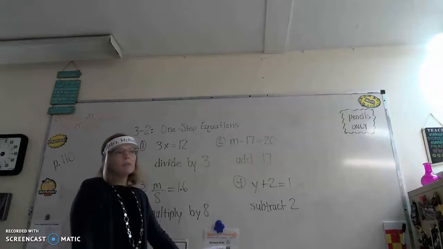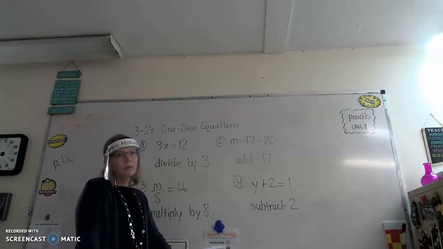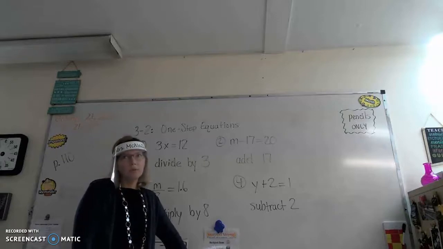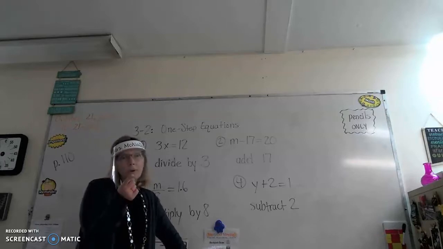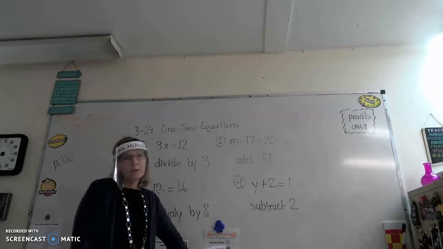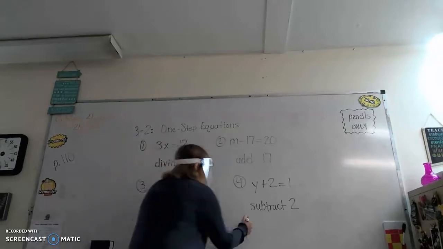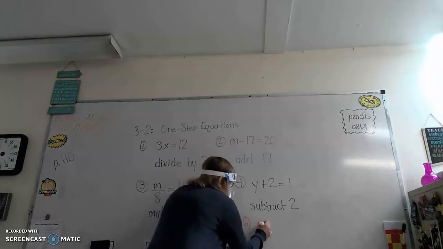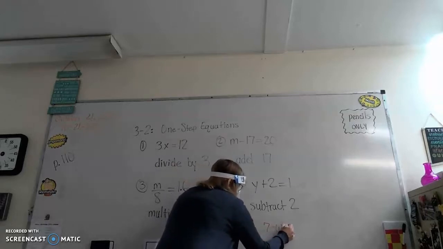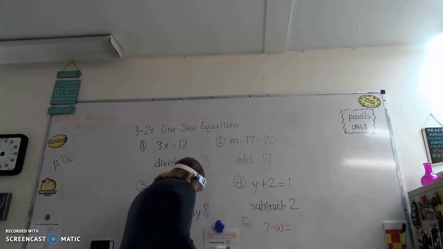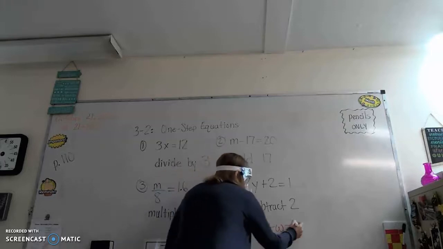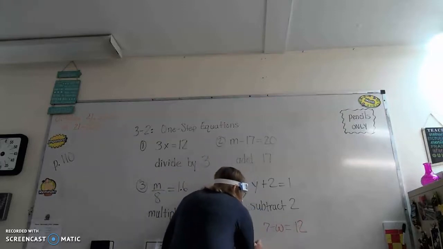But then the variable has a negative on it, so how do we get rid of that negative on the variable? Okay, we subtracted 7, right? The 7 is positive, so we subtracted 7 from both sides.